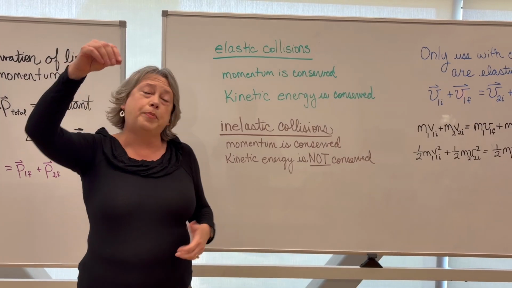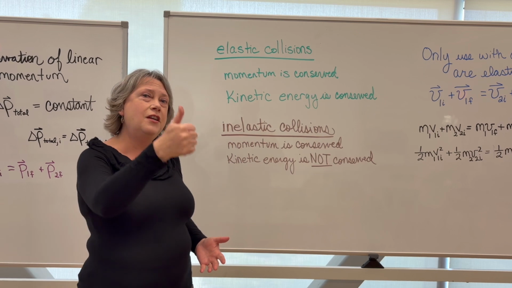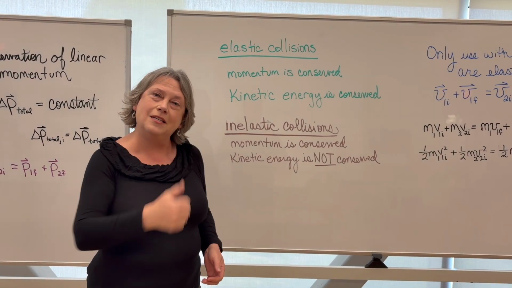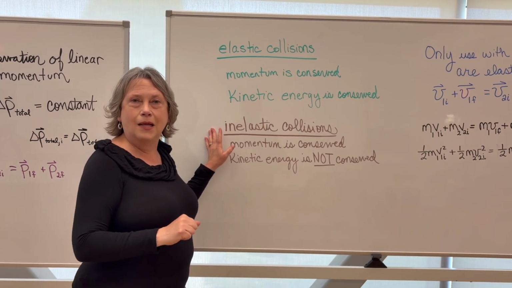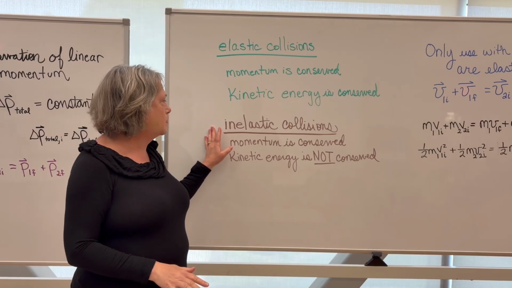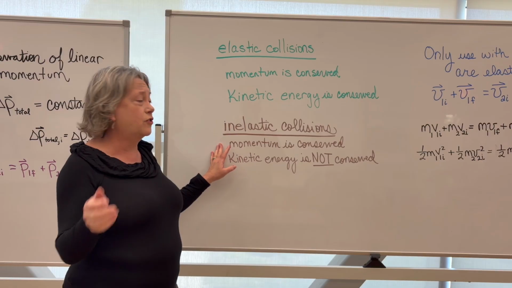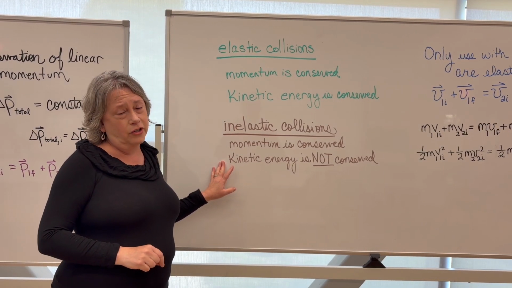So when the ball that bounced went down after the collision, it had the same amount of kinetic energy. It was just going in a different direction now. The ball that was kind of like a lump of clay that just splatted had momentum conserved before and after the collision, but kinetic energy is not conserved.